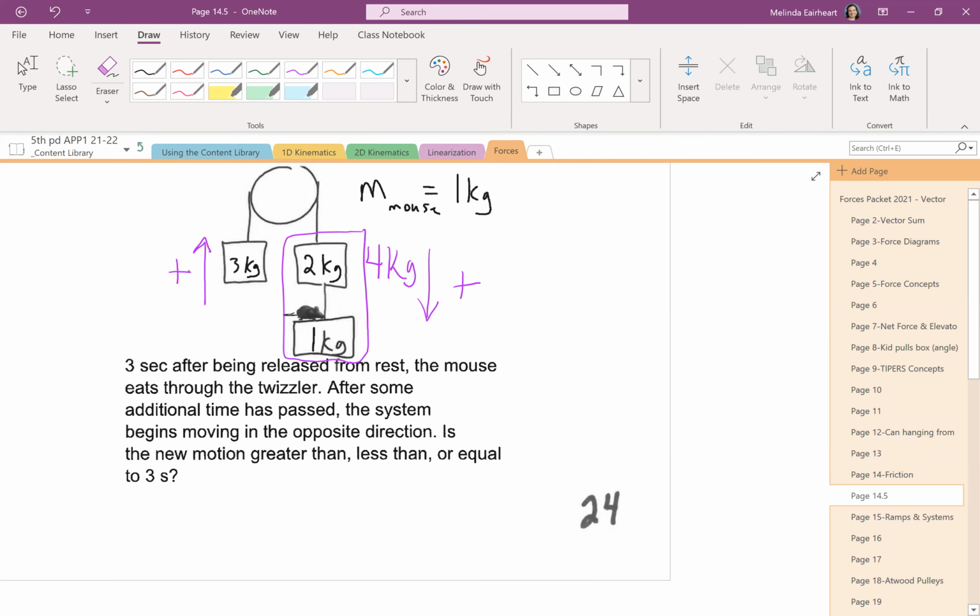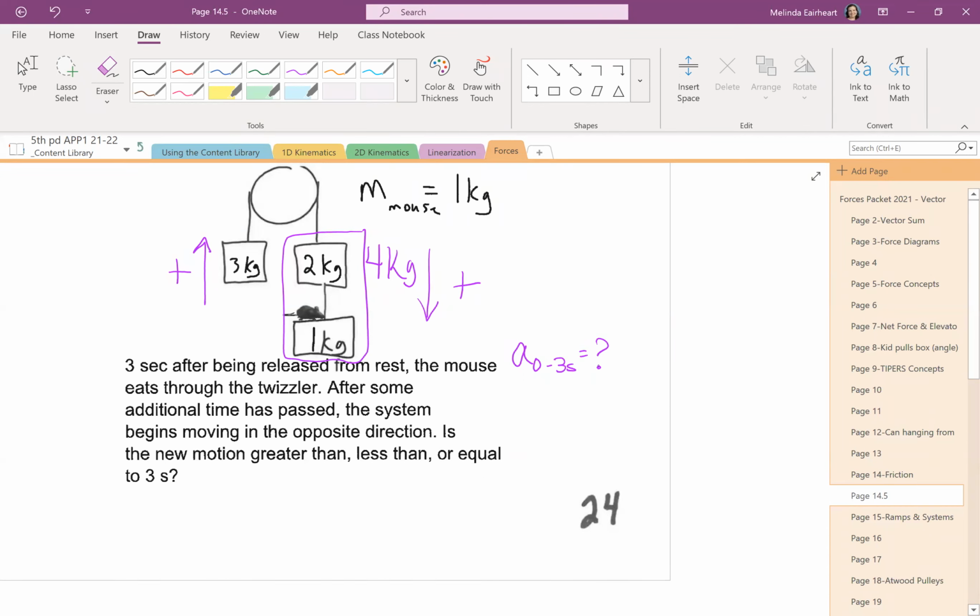But what about in that 0 to 3 seconds? We're accelerating, right? So let's solve for the acceleration from 0 to 3 seconds. Well, to do that, step 1 is what? Got to do a diagram, okay? And so let's draw a diagram. Now, it could get real detailed.